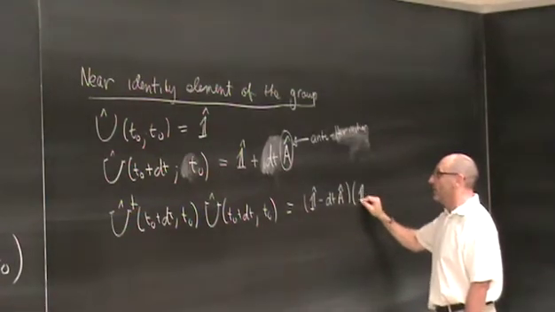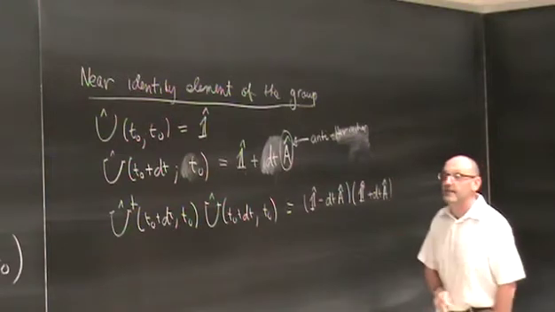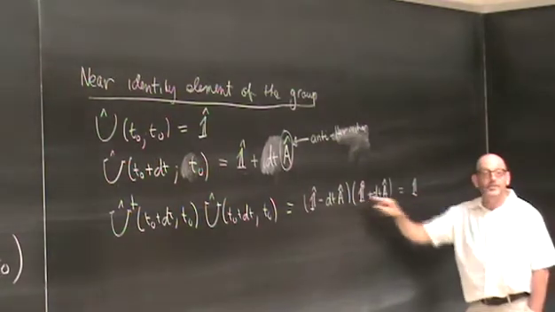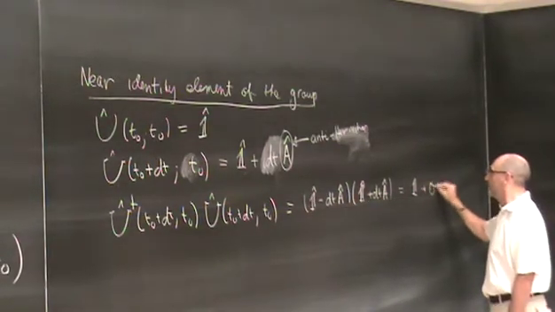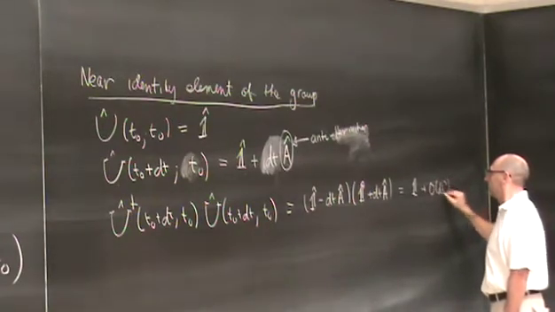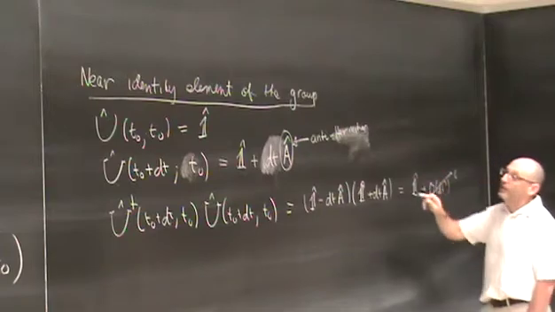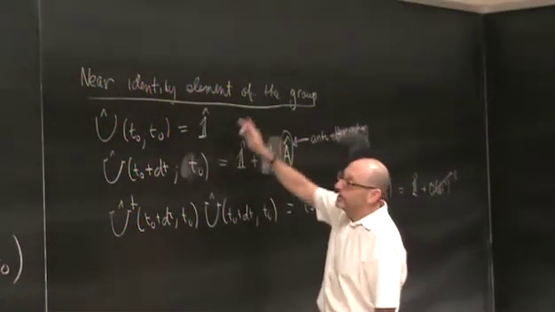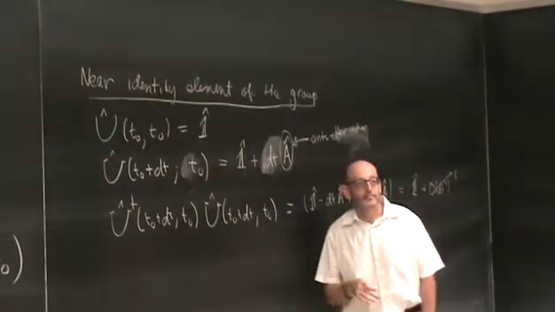And this is then 1 plus dt A. And that's equal to, the cross terms vanish, and then I get a dt squared, but order dt squared is 0 if this is a differential. Okay? So in order for this to be a near identity unitary operator, it's 1 plus something anti-Hermitian.